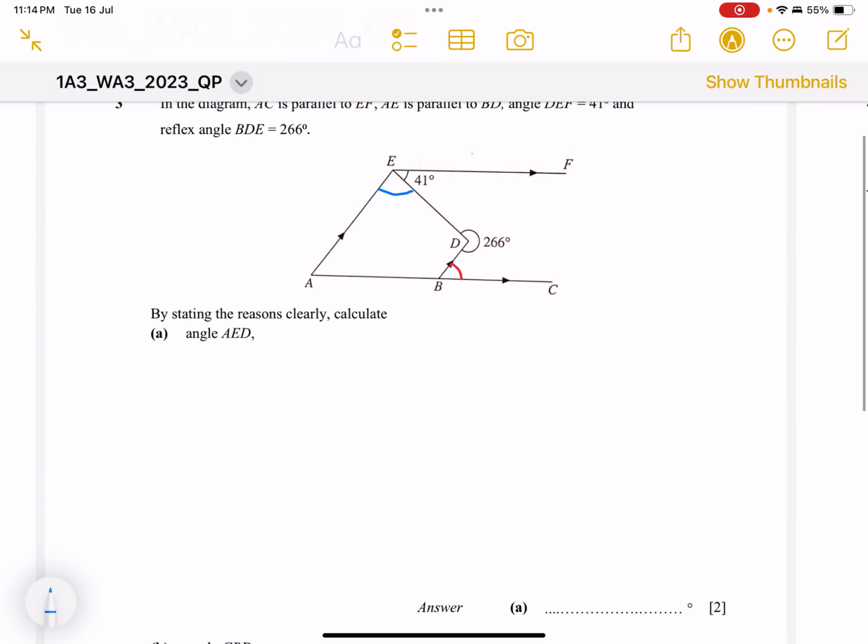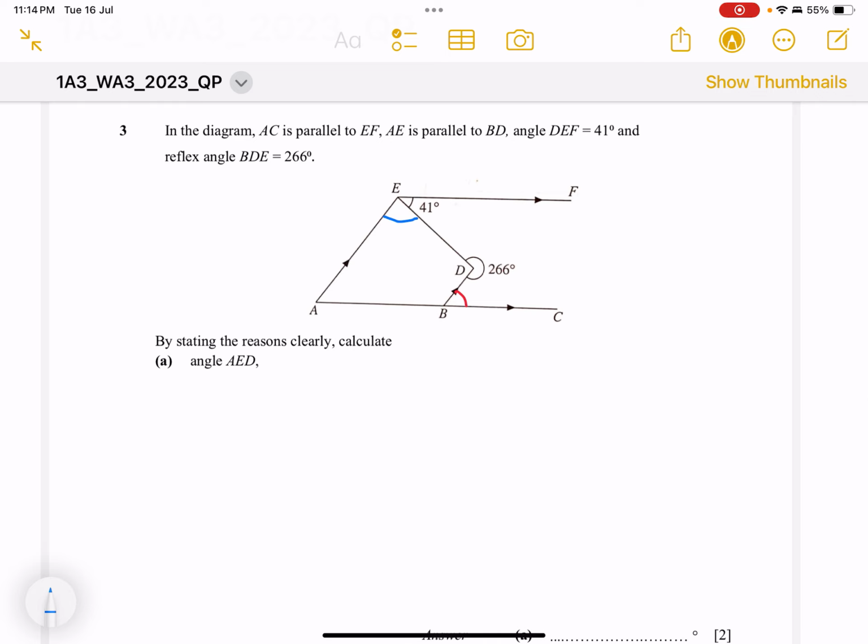The next sum is on parallel lines, and what we need to find first is the angle AED, which is here. And in order to find that, we need this angle because this is the transversal. So if we can find this angle, let's call it A, then we can find angle AED.